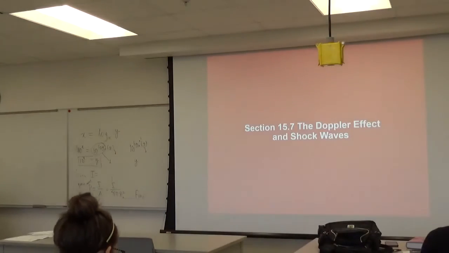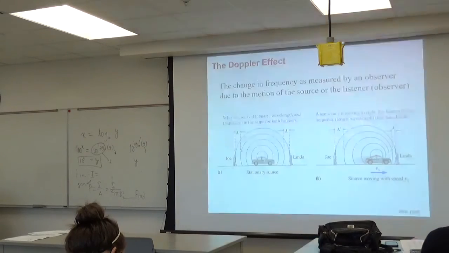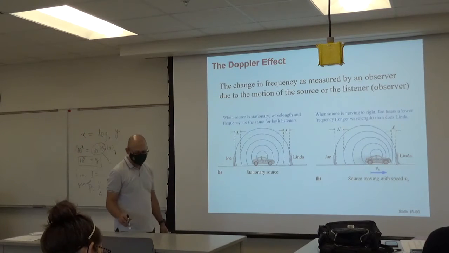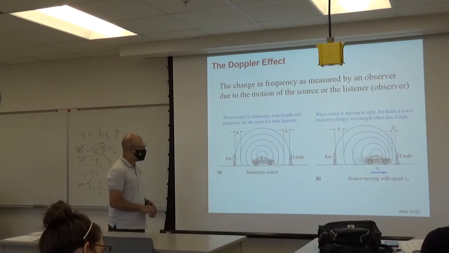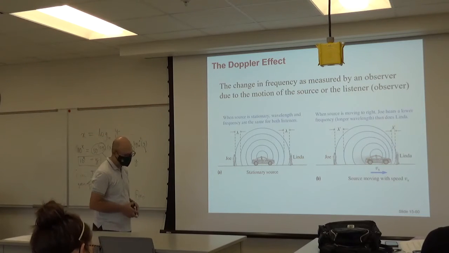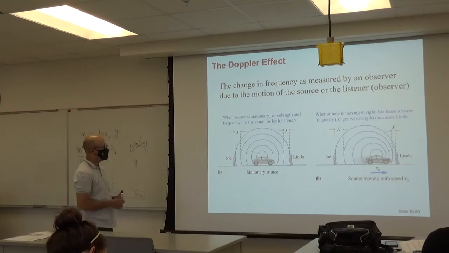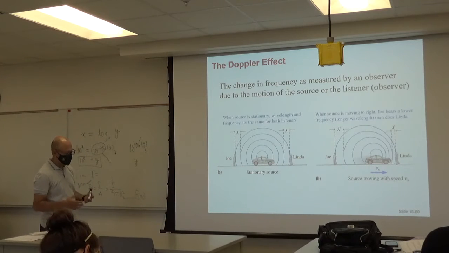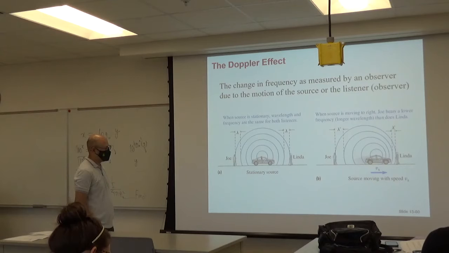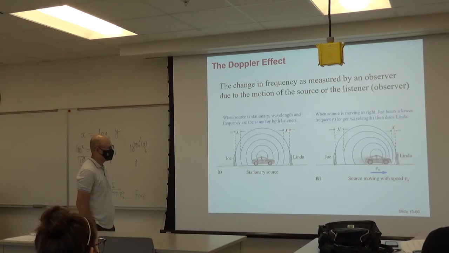You might have heard about this Doppler effect in your everyday life. The Doppler effect is basically the phenomenon where the frequency of sound you hear changes due to the change in the speed of either the observer or the source of sound.